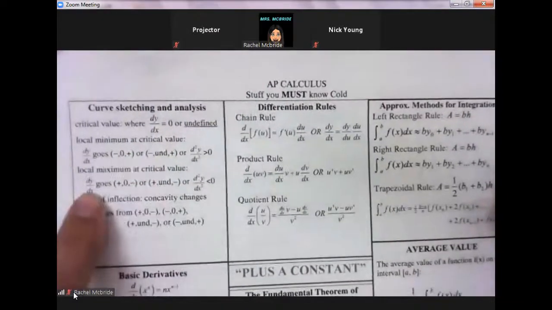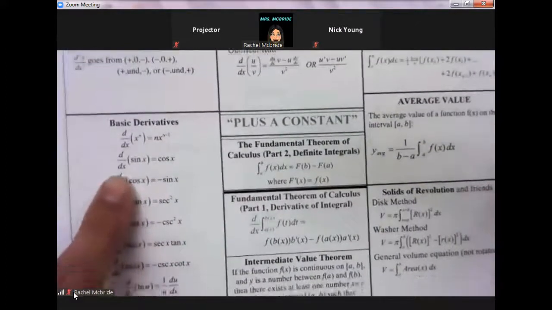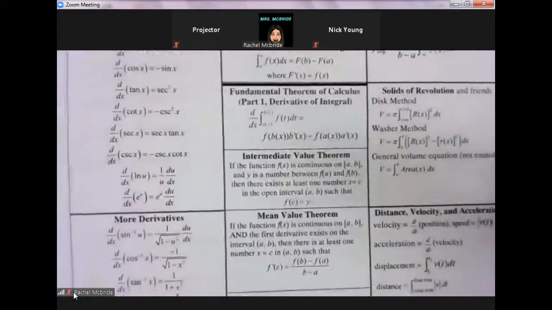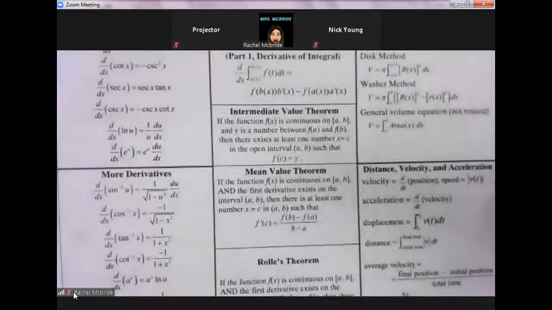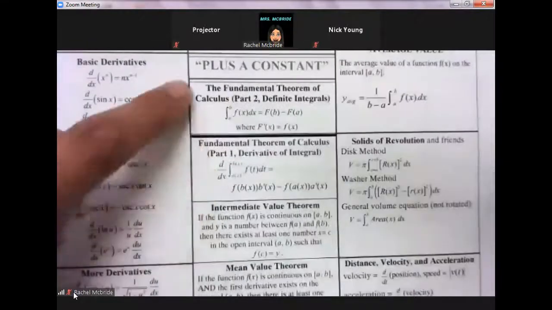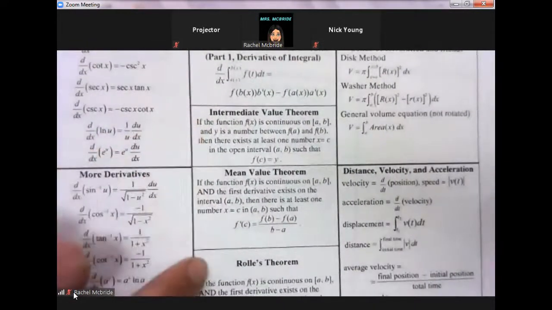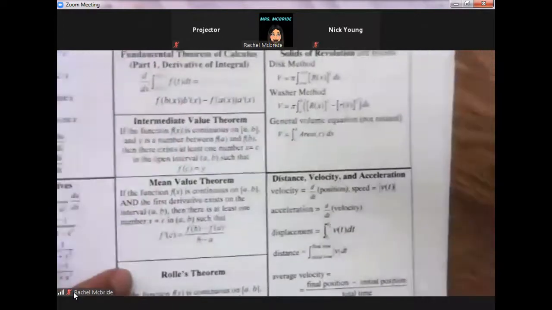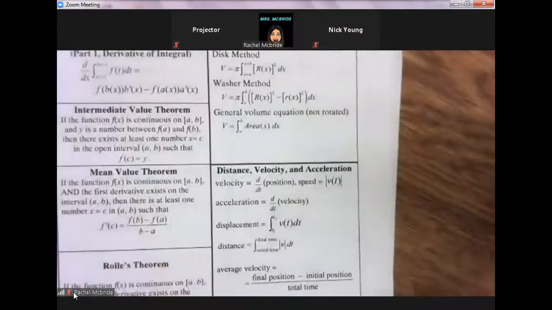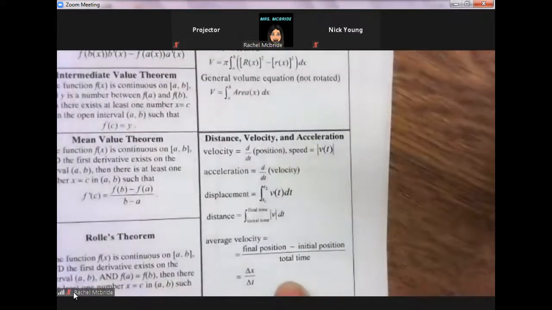So there's a curve sketching analysis, there's your basic derivatives, your inverse trig derivatives. It has a nice brief summary of the fundamental theorem. It has a nice brief summary of IVT, MVT, and rules. It goes through the differences between distance, velocity, and acceleration.